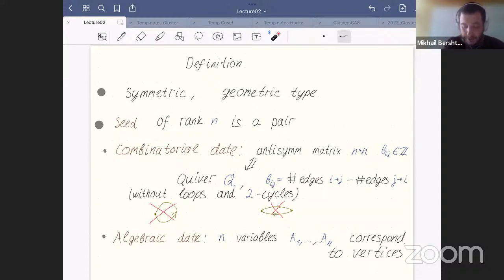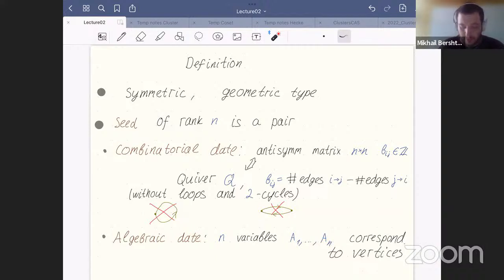And we assume that this graph has no loops, so no edges going from a vertex to itself, and has no two-cycles, pairs of edges with opposite directions. Of course, theoretically speaking, one can add such things, but they do not affect the matrix B_ij. So one can safely assume that there are no one-cycles and two-cycles.